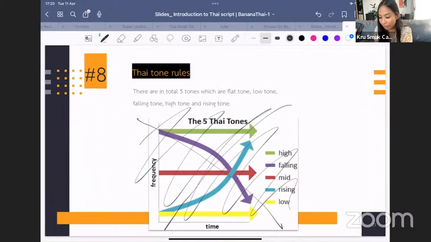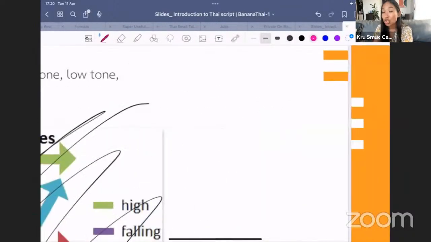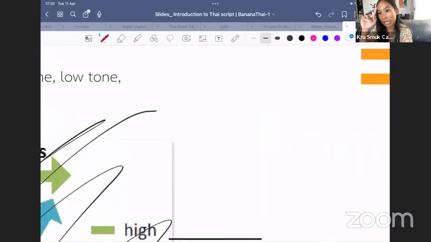Before we talk about the graph, there are 5 different tones in Thai. And what is tone? I define the word tone as a movement of a sound in different range of pitch. Tones, for me, actually, I'm not a linguistic person. I'm just fascinated about language.